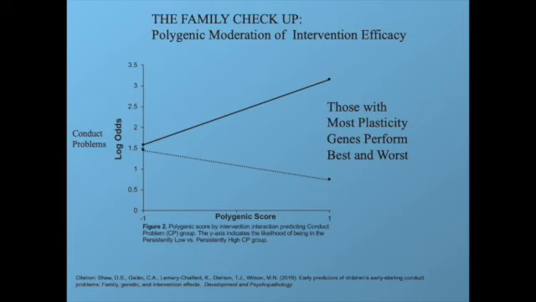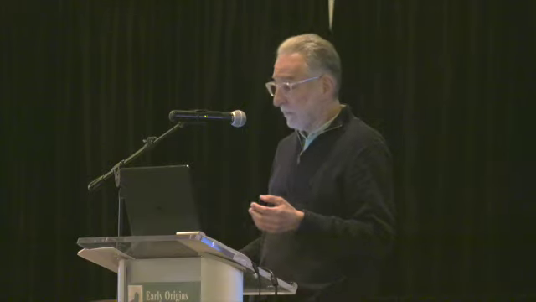But if you're in the Family Check-Up experimental group, you have fewer. So those with the most plasticity genes, again, perform best and worst. Look at the horizontal axis: the higher your polygenic score on the right side, the more you're affected, for better and for worse.